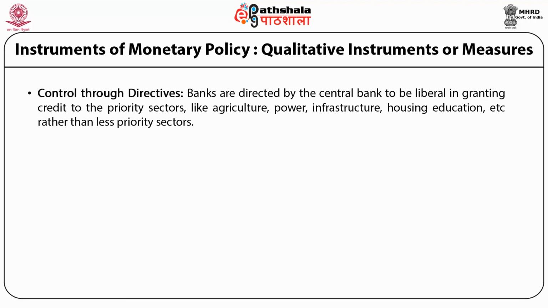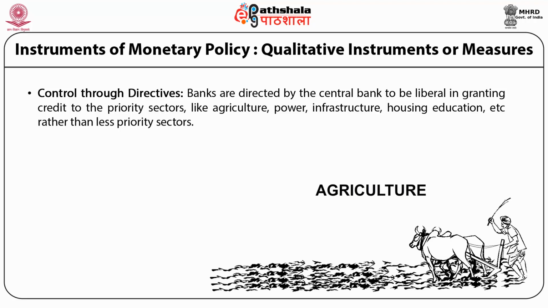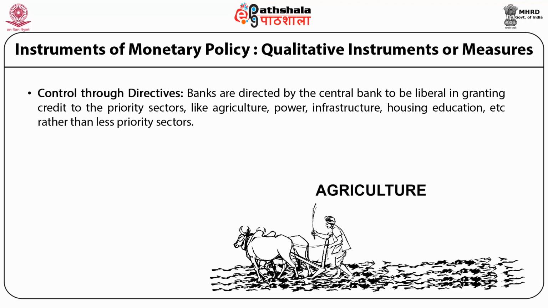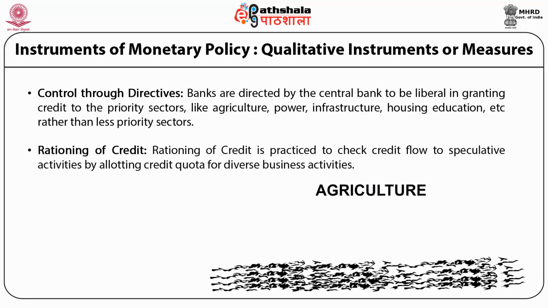Control through directives. Banks are directed by the central bank to be liberal in granting credit to the priority sectors like agriculture, power, infrastructure, housing, education, etc., rather than less priority sectors. Rationing of credit.